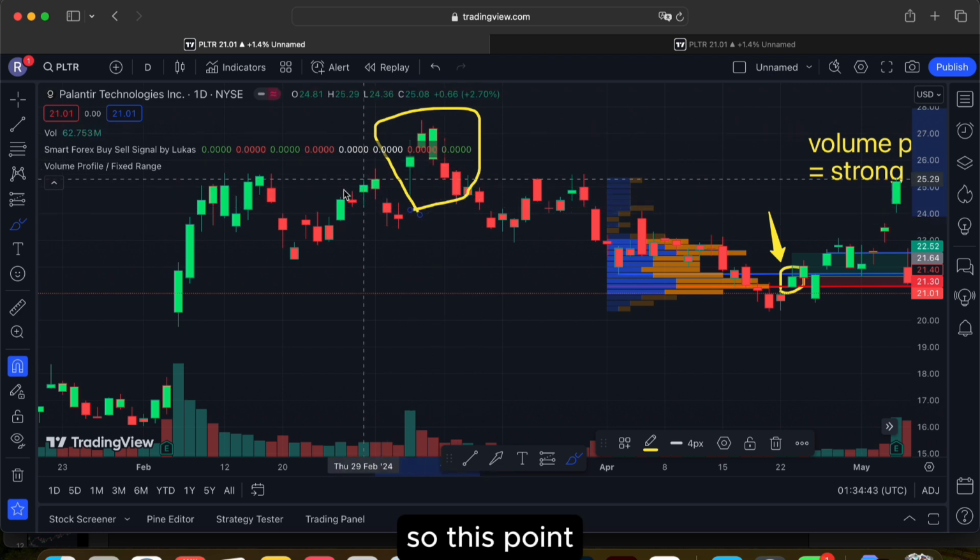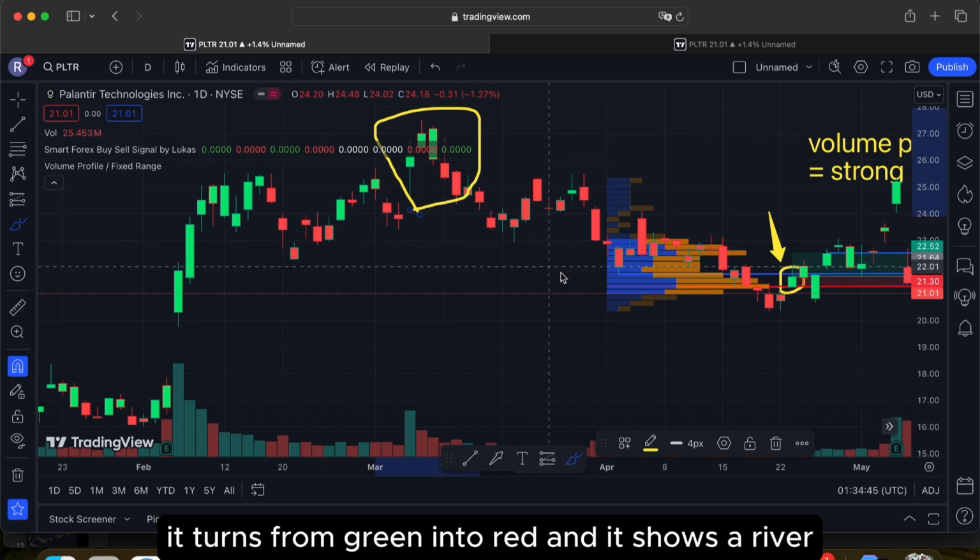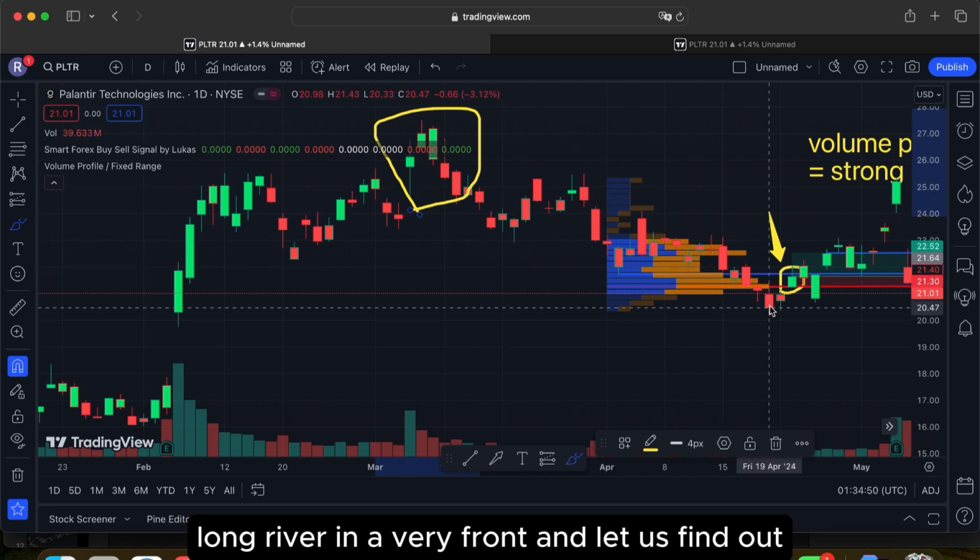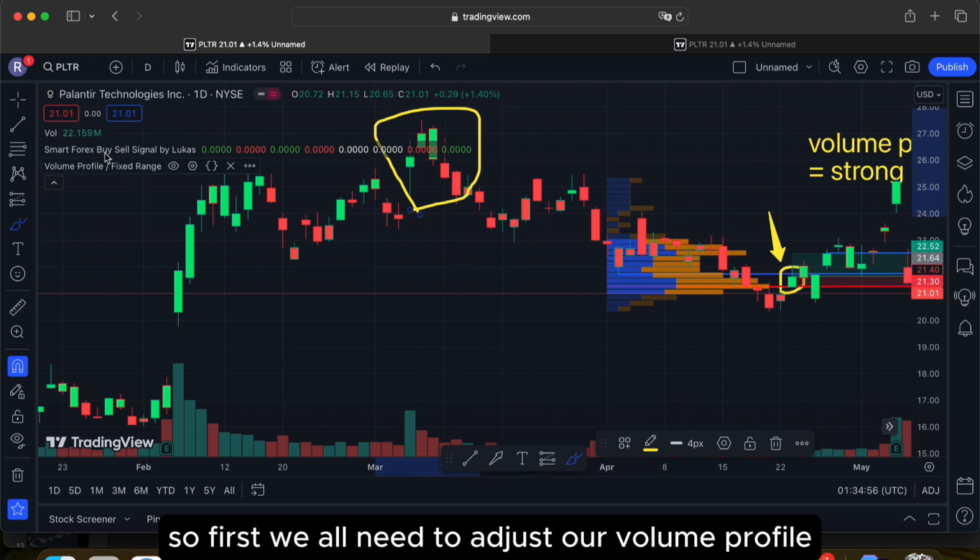This point turns from green into red and it shows a reversal, a long reversal in a bearish run. Let us find out. First we will need to adjust our volume profile.